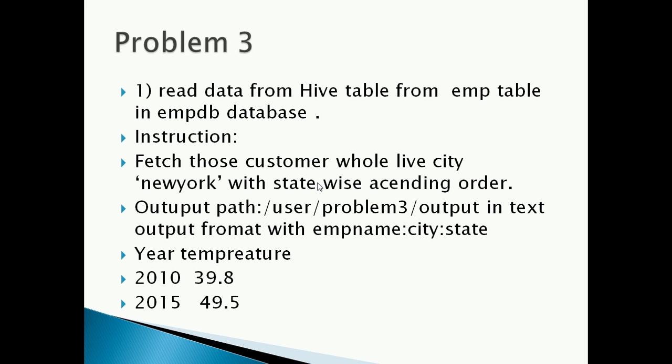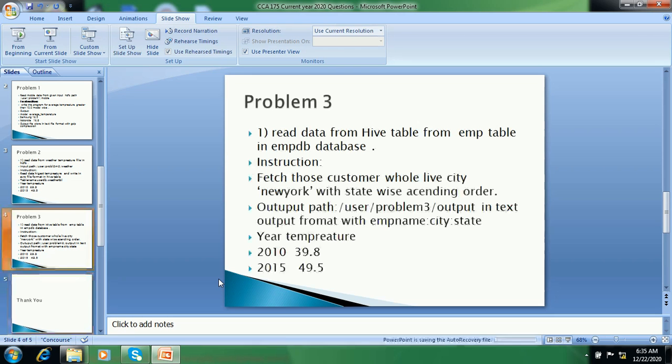And the output path will be: the user prompts the output in text file format with employee name colon city colon state. The output should not be in the wrong format, with all the values there.